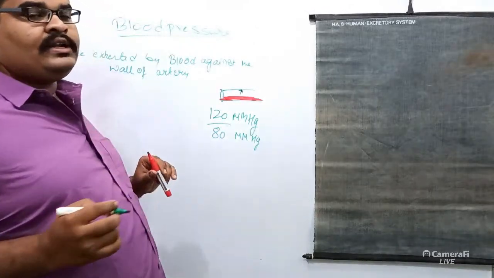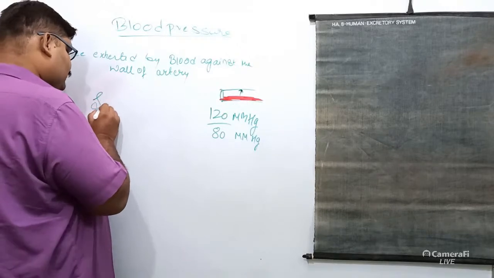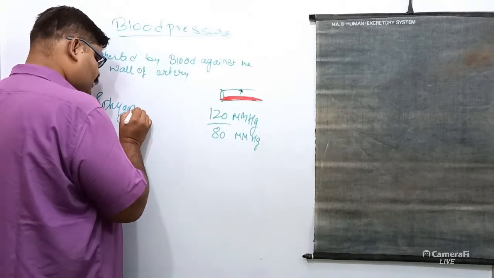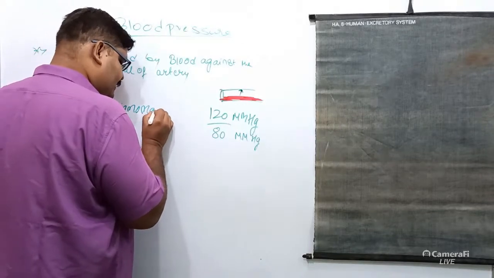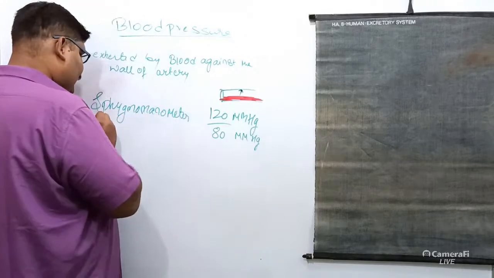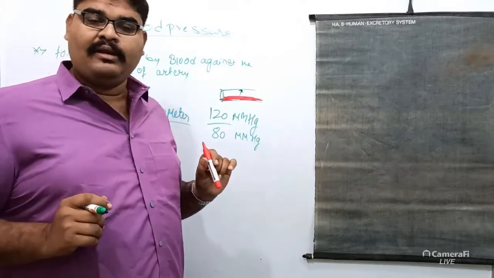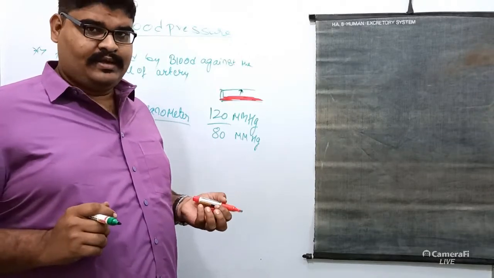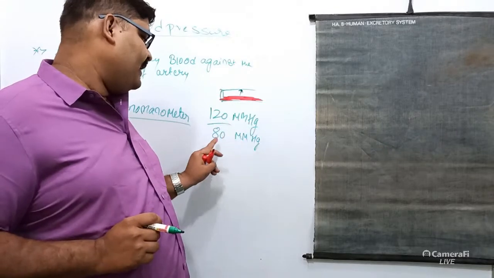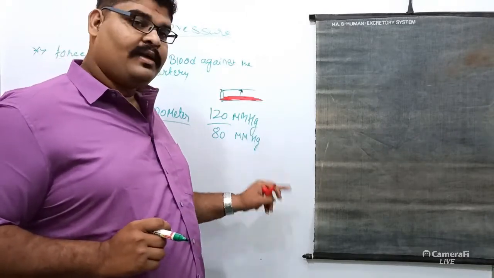The instrument used to measure blood pressure is the sphygmomanometer. It is an instrument usually used to measure blood pressure in human beings, and the normal blood pressure is 120 mmHg by 80 mmHg.